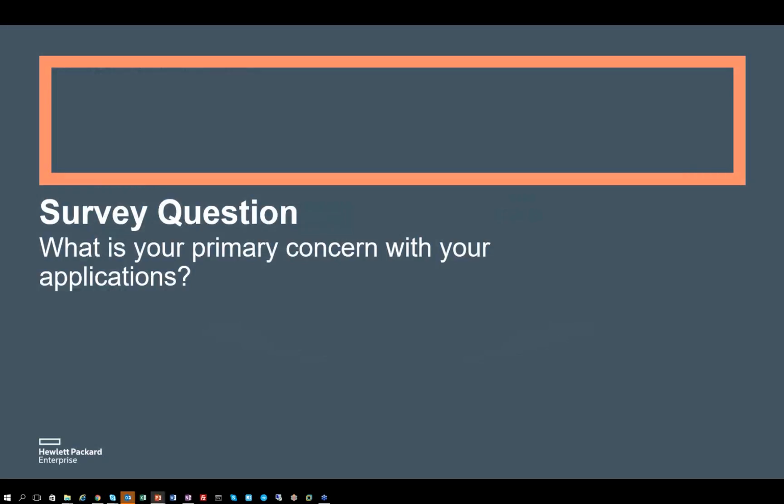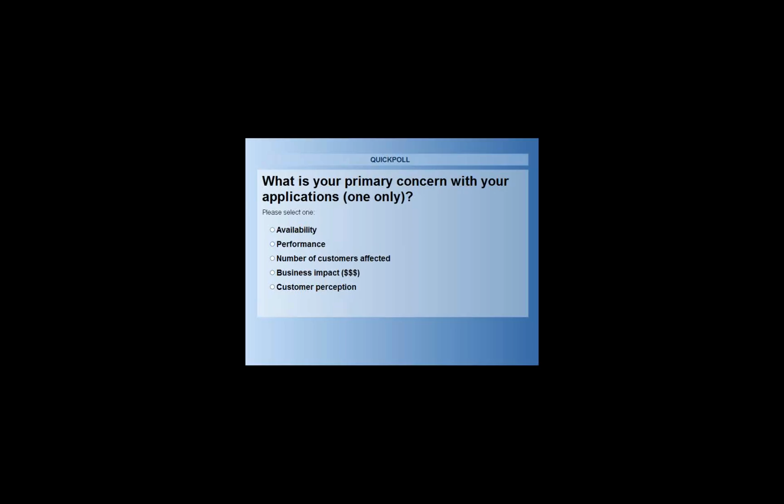So let's go now and answer a couple of polls. Rocky, can you present the polls, please? Yes, sure. So the poll is up, Dan, and the question is, what is your primary concern with your applications?